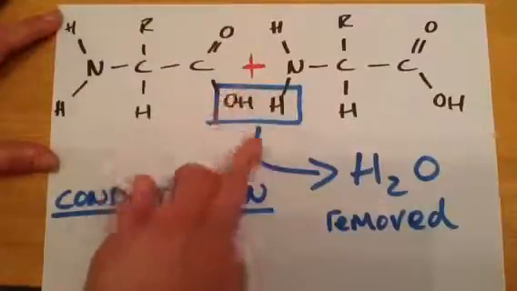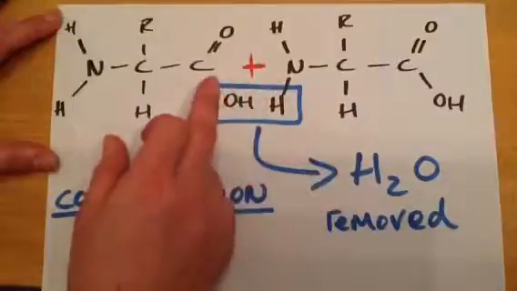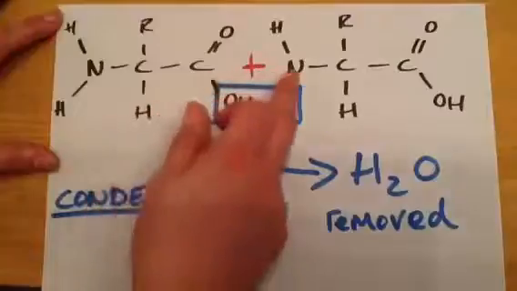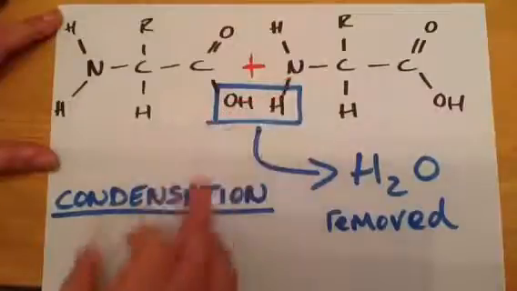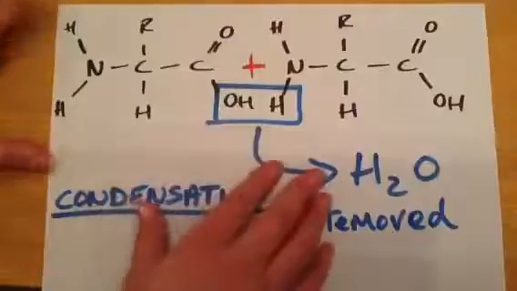So we can remove these to form water. And what will happen is this carbon, the carboxyl group here, will form a covalent bond with the nitrogen on this second amino acid from the amino group. Now, this whole process is called condensation, so the removal of water.